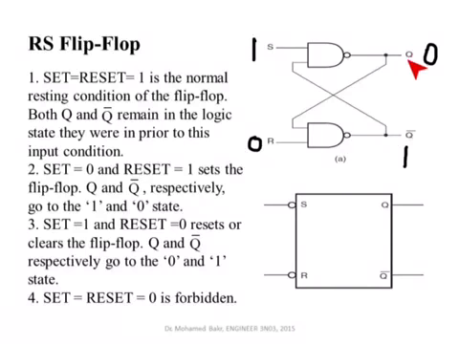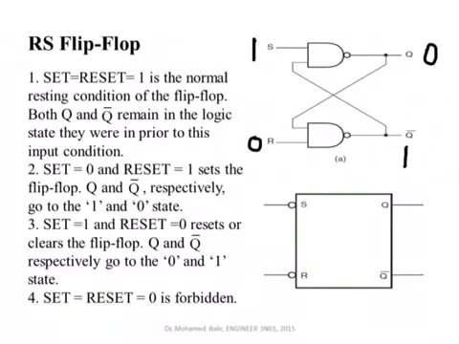But if you have 1 and 0, this will not be consistent with the circuit. You cannot have them both like that, okay? So the condition 0 and 0 will always result in 1 and 1 at the output, but this is not consistent, and it is a forbidden condition for us in this circuit.